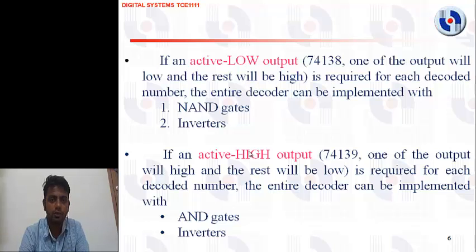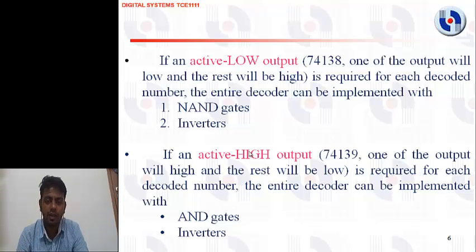With an active low output, one of the outputs will be low and the rest of the outputs will be high. At this condition, for each decoded number, the entire decoder can be implemented with NAND gates and inverters. Means we can use NAND gates to generate a decoder for active low output applications.